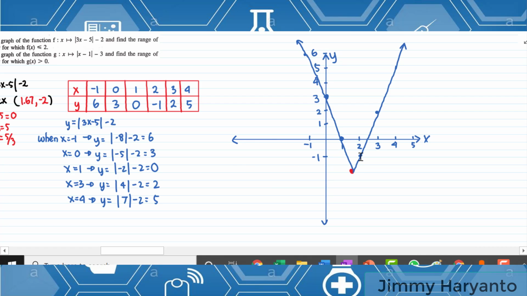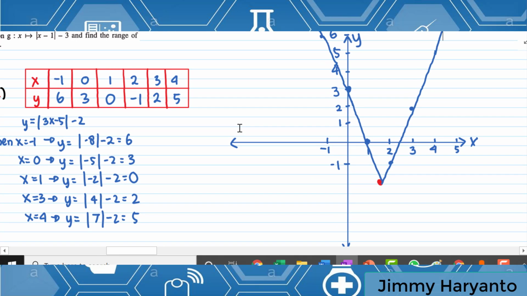Okay, so now we have to create a horizontal line. Because f(x) is less than or equal to 2, I will write it right here. f(x) less than or equal to 2 means you have to find the parts of the graph which are less than 2, meaning less than y equals 2.